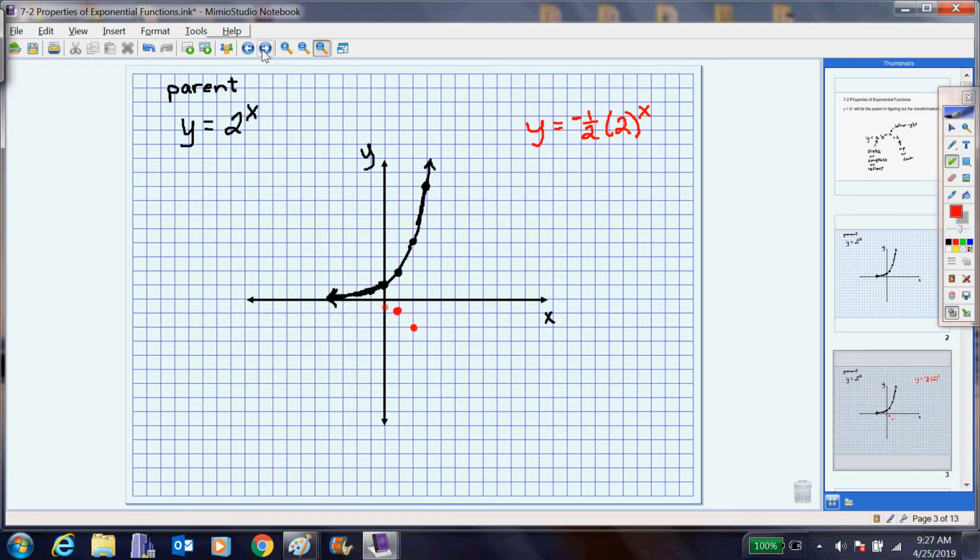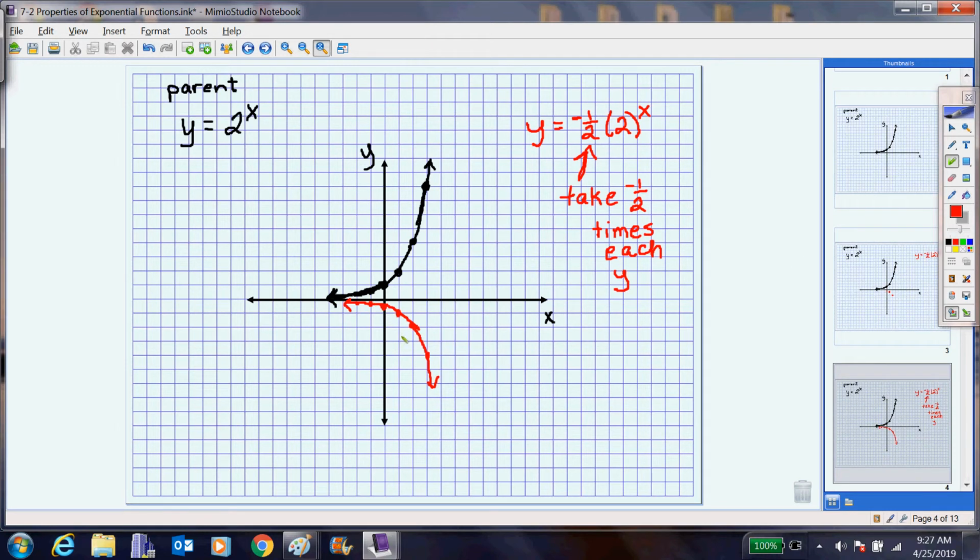So we end up having it flipped over, and it's compressed. It's not quite as steep as the original one, because each one is half. Like this one was 4, it's now 2. This one was 6, it's now 3. So it's got a more gentler type of a curve because it's only half as big rather than regular size.